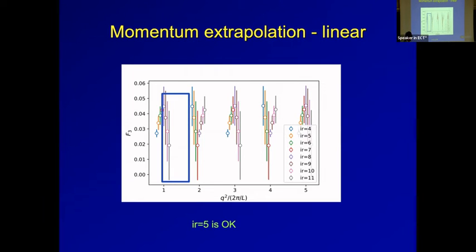Q squared in lattice units is 2 pi over L. Let me see what Q will be. A is 0.114 Fermi. If the box size is 24, that is about 2.8 Fermi. 2 pi over L, 6 over 3, is about 400 MeV.